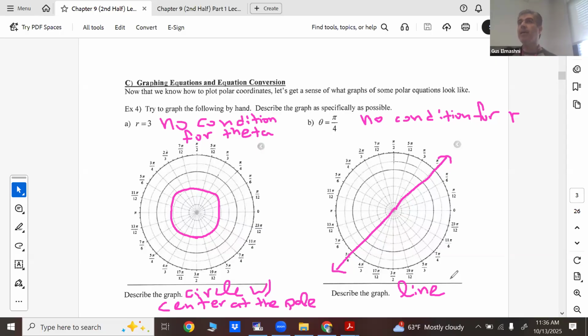Because you can do whatever you want for Y. So here, if you told theta equals pi over 4, I can do whatever I want for R. There's infinite possibilities, but all those dots will form a line. So if I were to not draw a line, fine, whatever. But what's going to happen? It's going to be a bunch of dots. And when I connect all those dots, what do I form? A line. That's all that's happening. Okay.